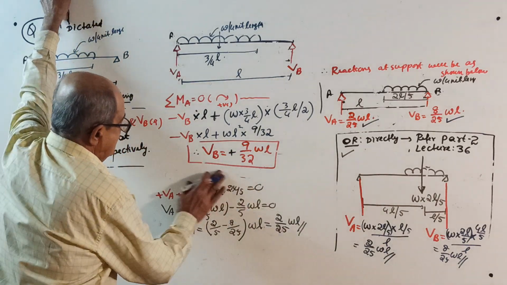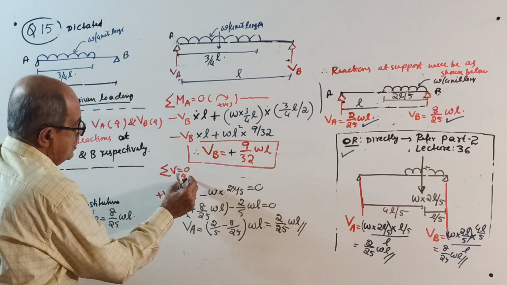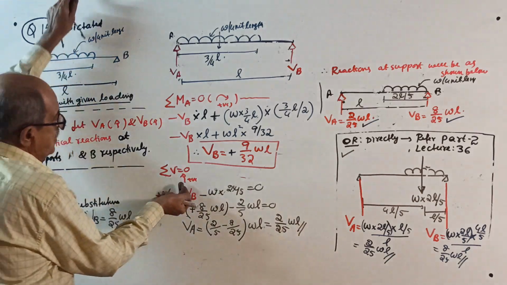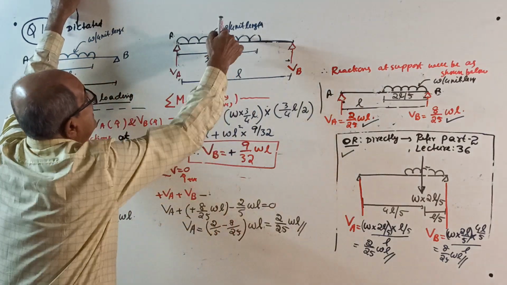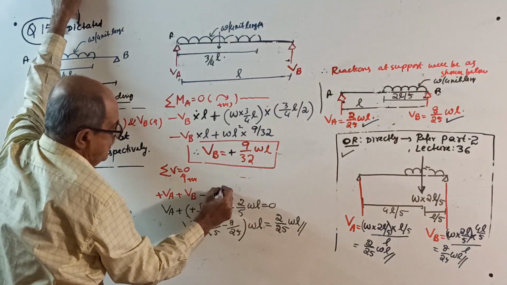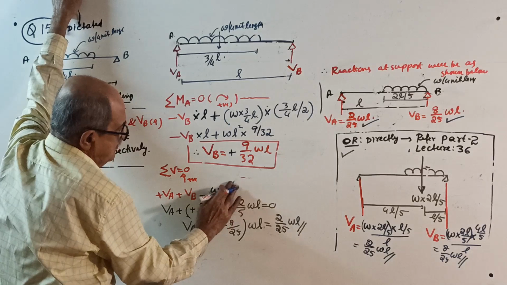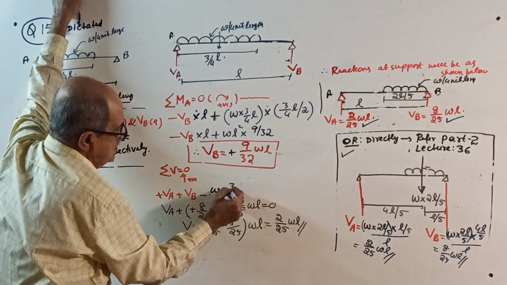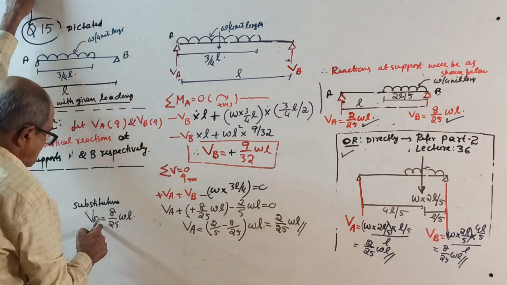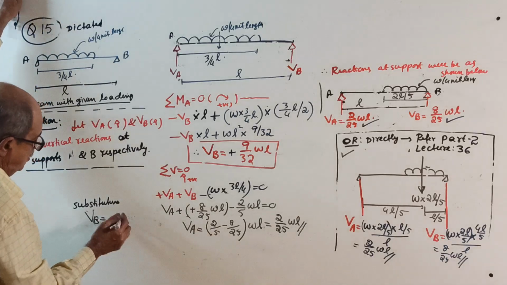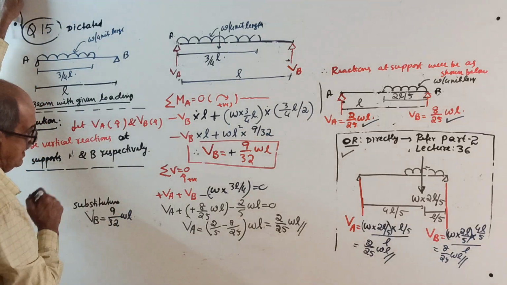Okay, now sigma V equals 0, upward positive: VA plus VB minus W per unit length for a length of 3L/4, W into 3L/4 being the total load, equals 0. Substitute VB equal to 9/32 WL.